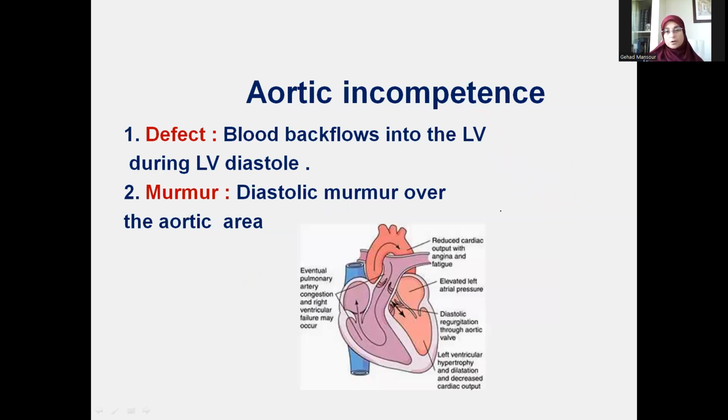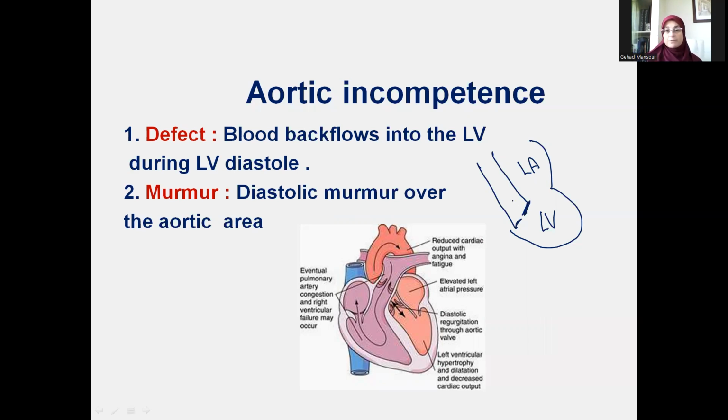In aortic incompetence, the problem is that at the beginning of diastole, when the left ventricle starts to relax in order to receive blood from the left atrium, the aortic valve should close completely.